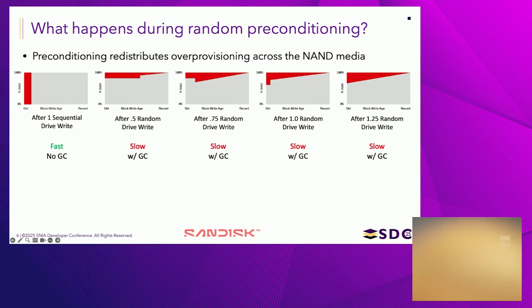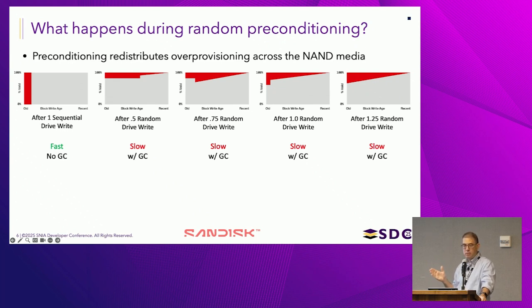So you have a region of gray where those regions are 100% valid. They don't contain any over-provisioning. And then you have some regions, blocks that are 100% invalid. And that's why you have this vertical red box on the left.